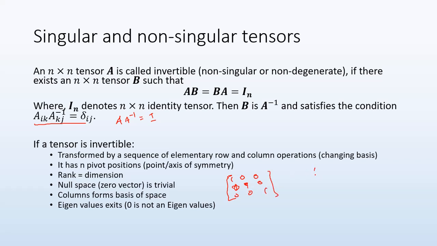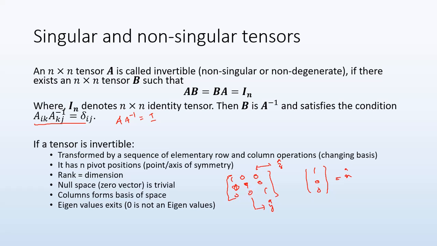Here the column 1, 0, 0 is actually the x basis. Similarly, 0, 1, 0 is the y basis. The column matrix 0, 0, 1 represents the z basis. So all the columns form the basis for the space.